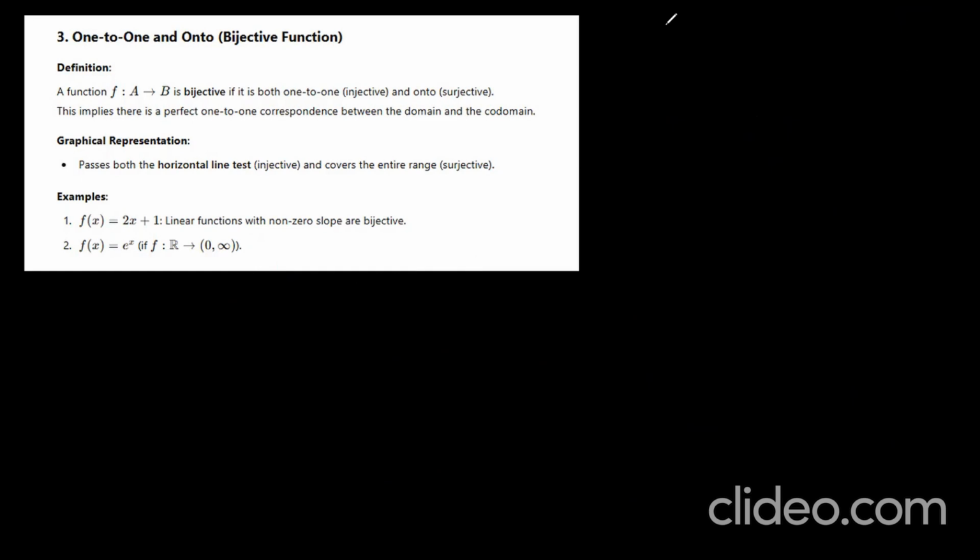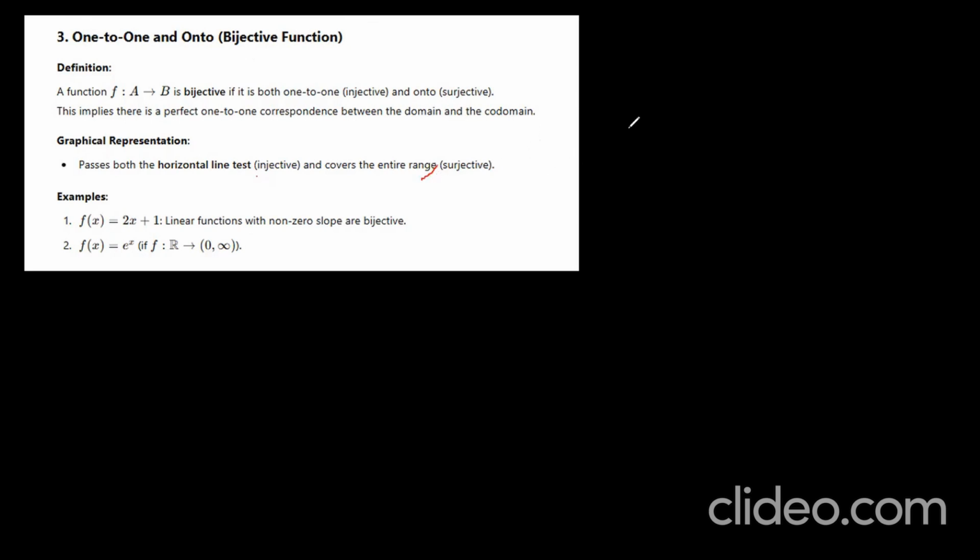Okay. Let us take one more example. Here also, it passes the horizontal test and covers the entire range. We will observe this whenever we deal with graphs, and we will see that in detail.